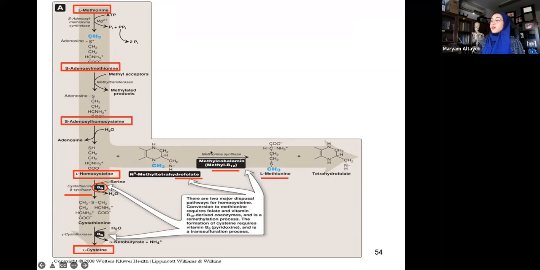So vitamin B9, vitamin B12. That's going to convert to methionine and tetrahydrofolate, and this can be used to cycle back through this equation again. Homocysteine, if methionine levels are normal, can be converted into cysteine, but it requires vitamin B6.